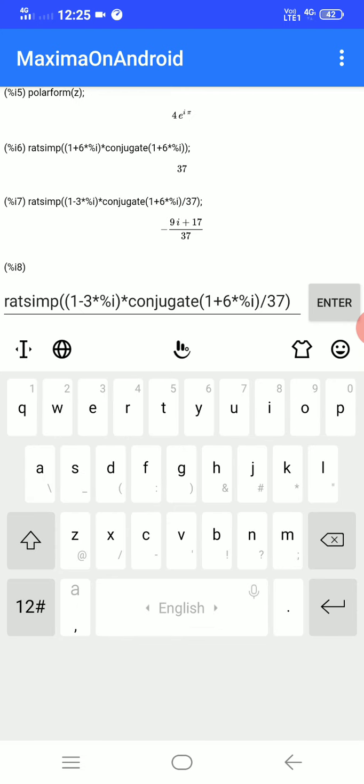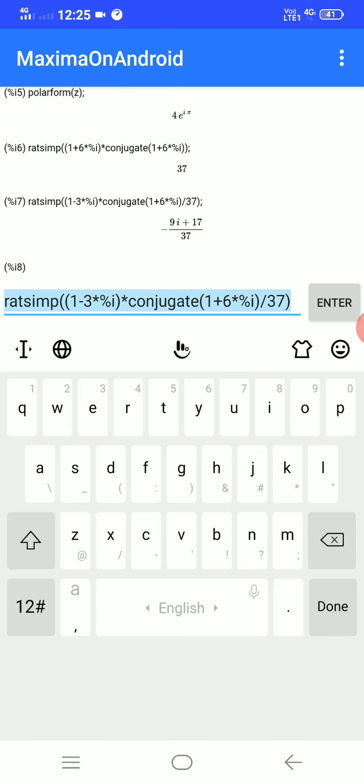We get minus (9i plus 17) upon 37. This is the simplification of 1 minus 3i upon 1 plus 6i.